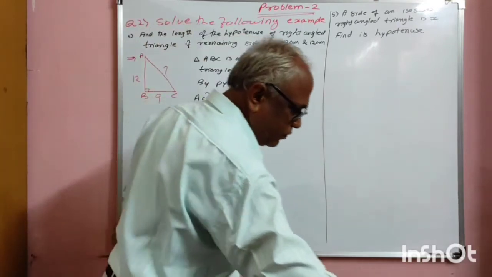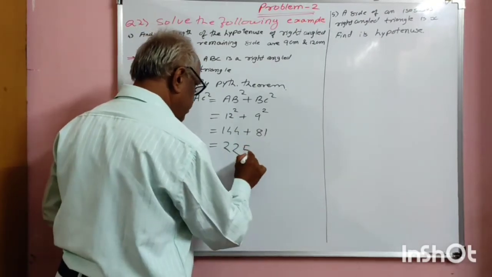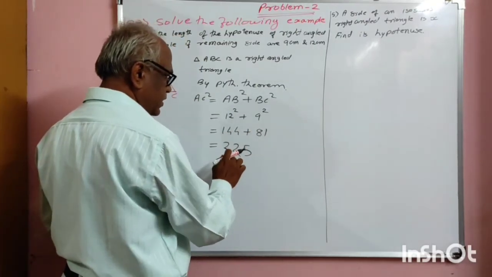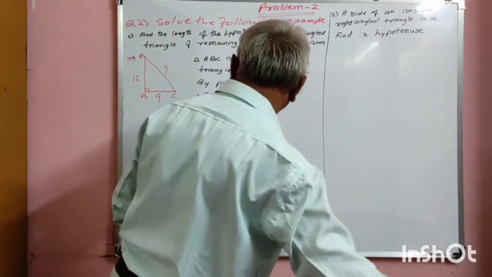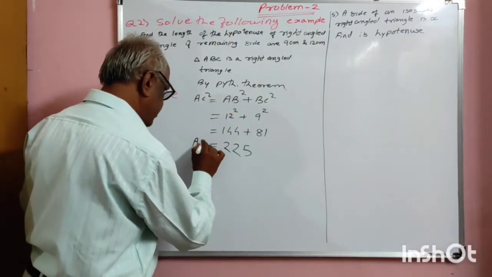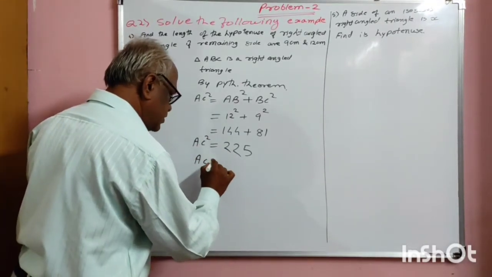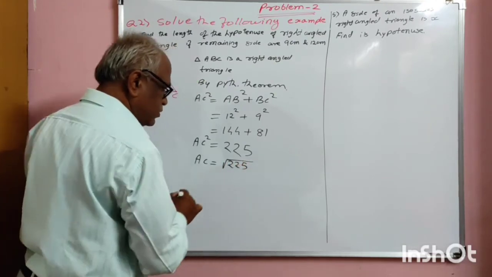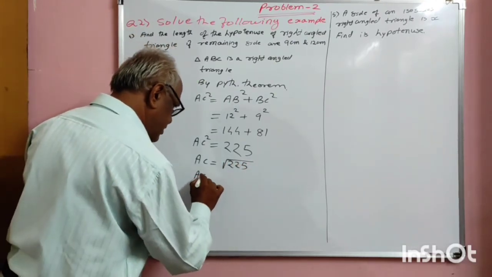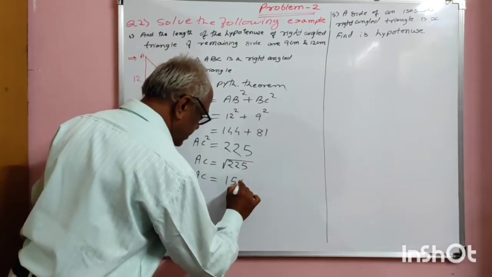Sorry, 4 and 1 5 it should be. 8 plus 4 is 12. We carry 1 plus 1, that is 2, that is 225. AC square is 225. Therefore AC is equal to, taking square root on both the sides, square root 225. Therefore AC is equal to 15 centimeter.